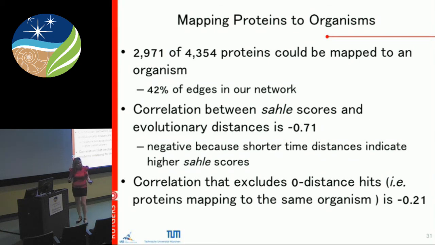Either we need to go back and loosen our resolution in terms of mapping proteins to organisms, because we are being very strict about this, or there is a lot of duplication going on in ancestors giving rise to all of these proteins that we now observe, which is a very intriguing finding.